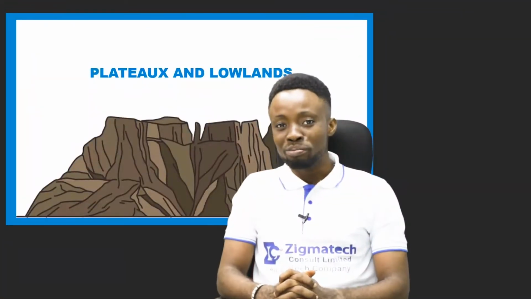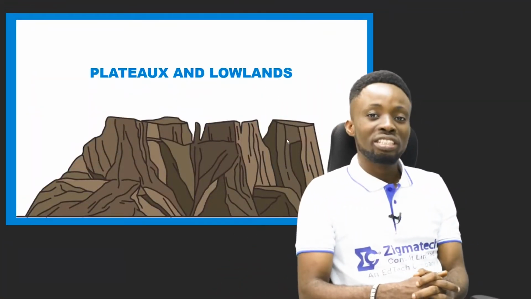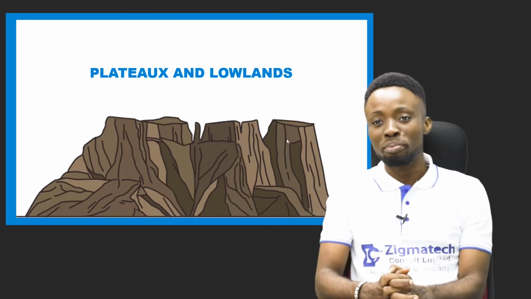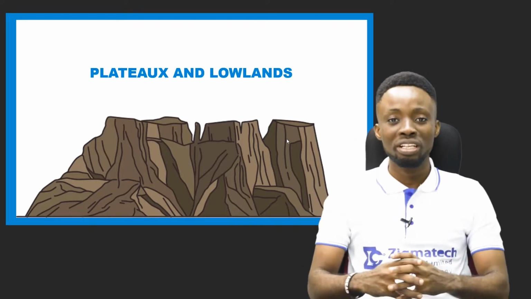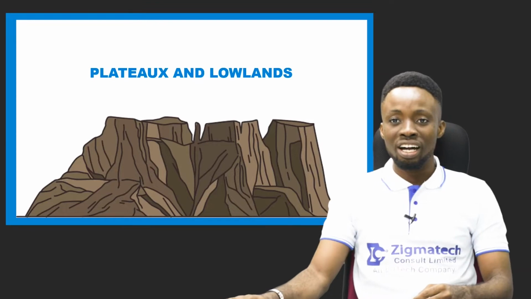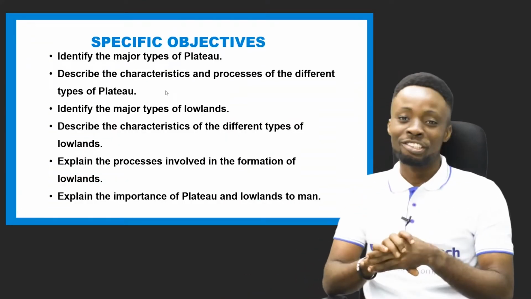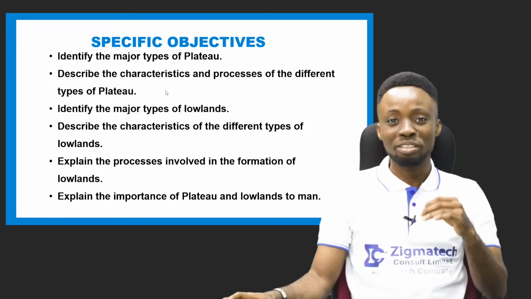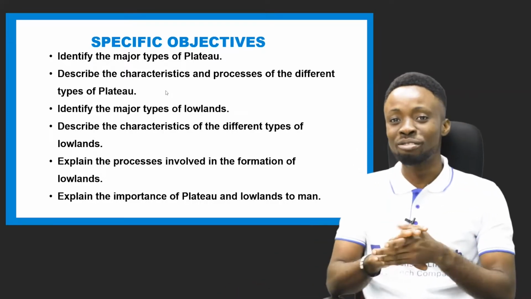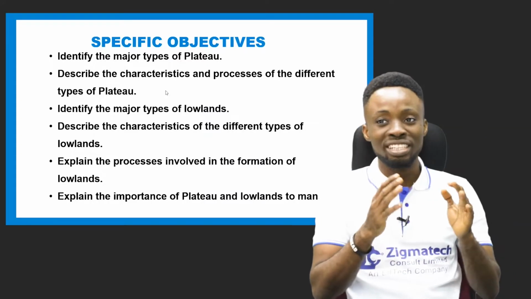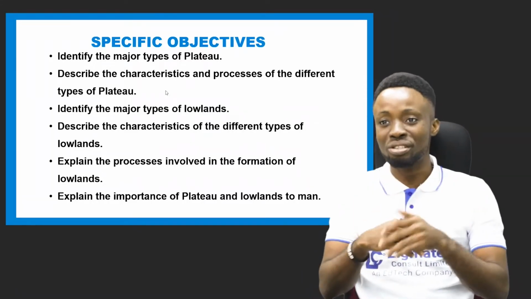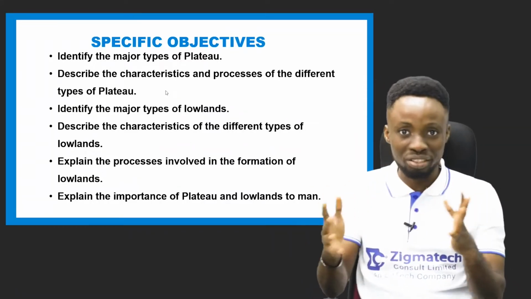Hello, welcome back. So in today's lesson, we'll be looking at plateaus and lowlands. What we have in store for today's lesson is that we are going to look at the major types of plateau we have. Then we are going to look at the characteristics and processes of these plateaus.